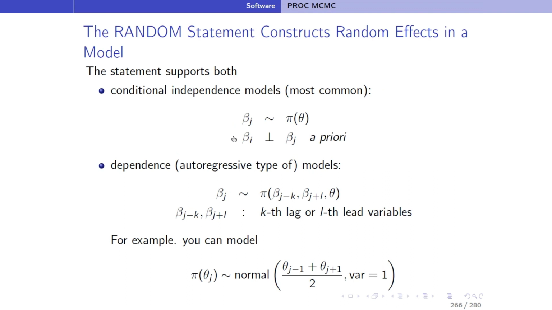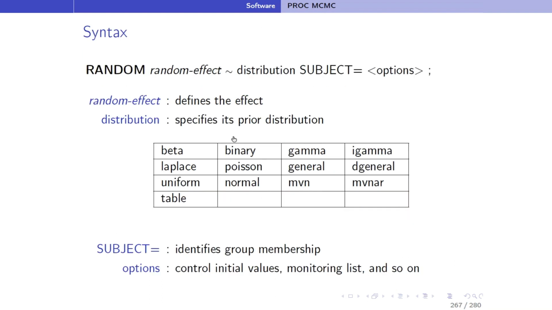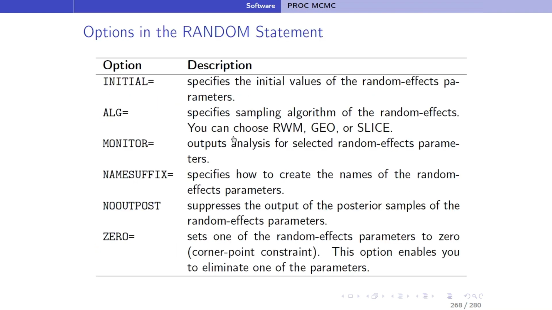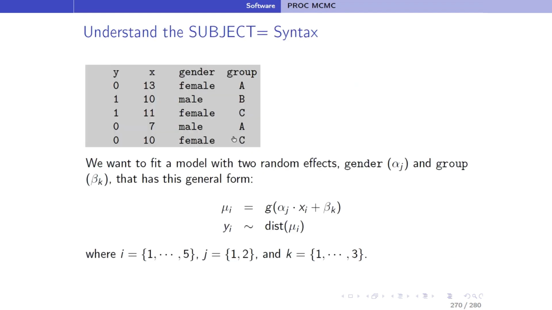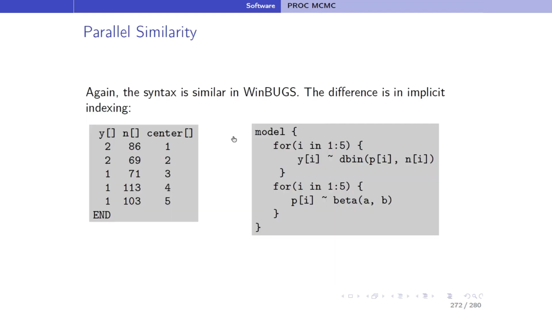And then the last part is a random effects model, from the setup of it to how the setup relates to the RANDOM statement in constructing random effects in a model, and the different types of random effects priors that you can have in the RANDOM statement with different options, and the importance of the subject variable and how to understand it.